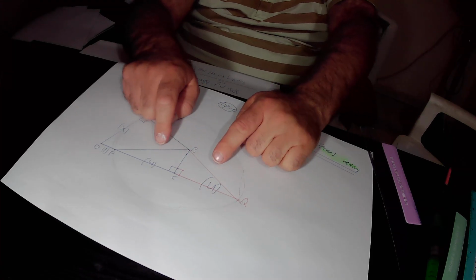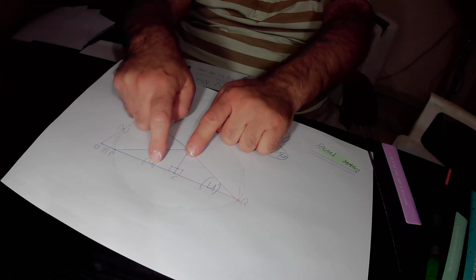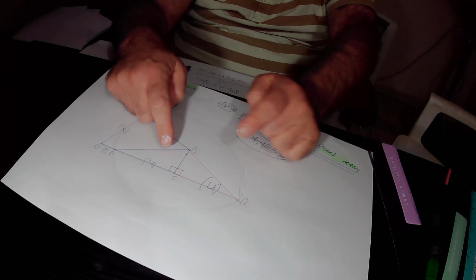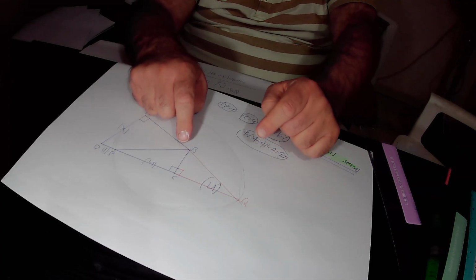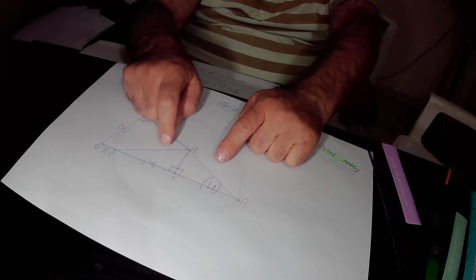Therefore, those two right angles can point to each other according to side angle side rule.